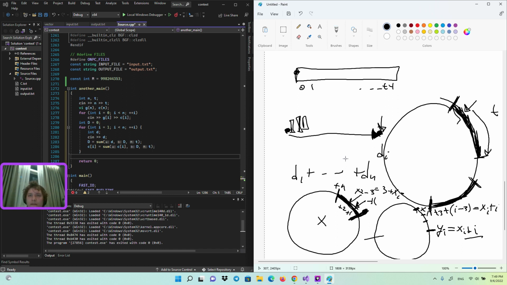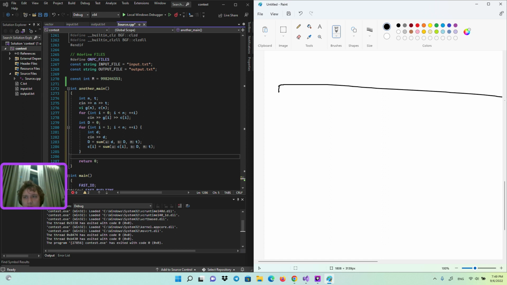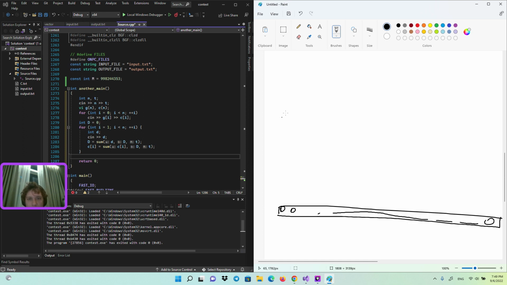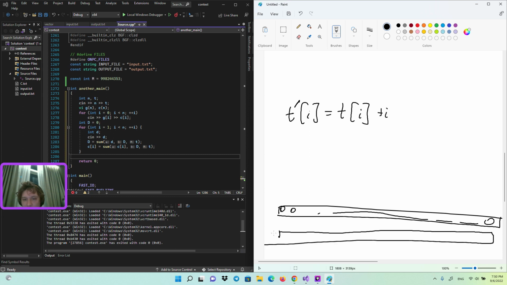In the beginning we have an array of zeros, and in terms of this segment tree, we have changed all times t prime i equals ti plus i. So we store not this array but this array 0, 1, 2, etc., n minus 1.